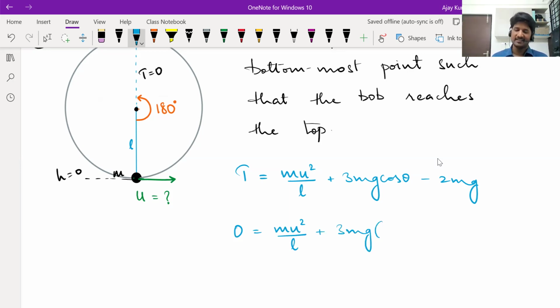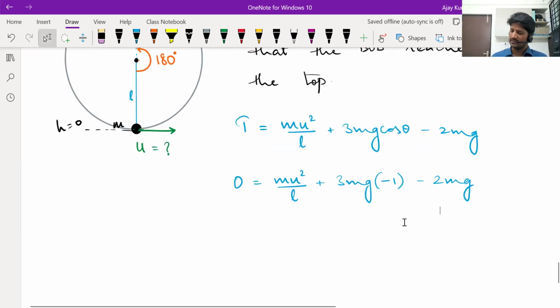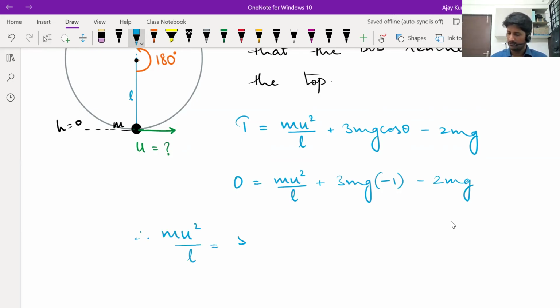Correct. Theta is 180 here. Cos theta becomes minus 1. So on the right hand side, we have a minus 3 mg and a minus 2 mg, which is minus 5 mg. Send it this side. Therefore, mu square by L is equal to 5 mg. Mass gets cancelled. So U square is equal to 5 GL.